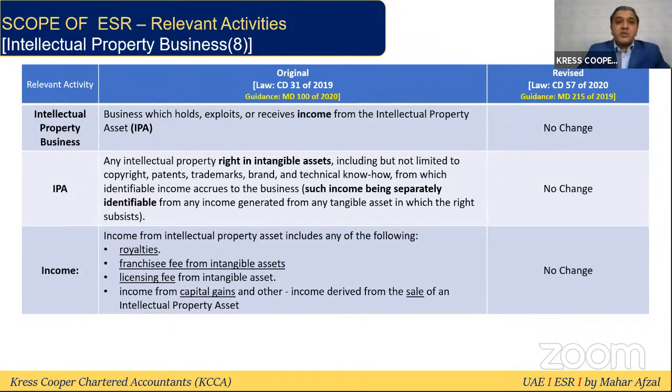So what is an intellectual property asset? It can be copyright, patent, trademark, but the licensee must have separately identifiable income. Then it will be considered an intellectual property asset. And the income can be in the form of royalties, franchise or licence fees, or capital gains as well. So this is called intellectual property income.